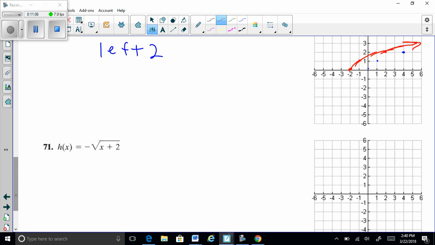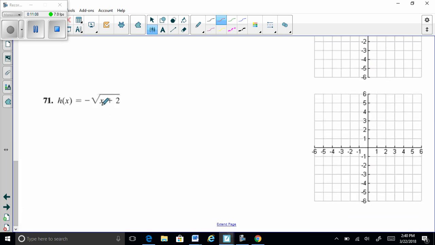Okay, this one's interesting. We are going to go to the left 2, and then that negative is going to cause us to reflect across the x-axis. So once again, plot those first couple points right there.